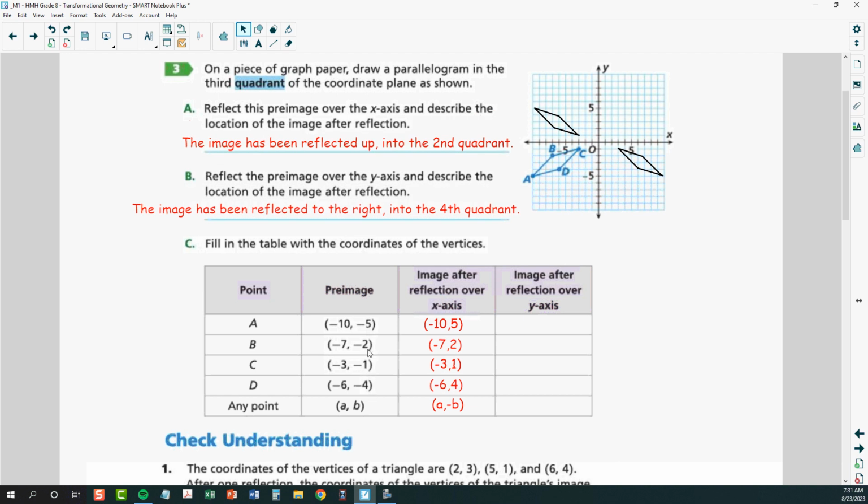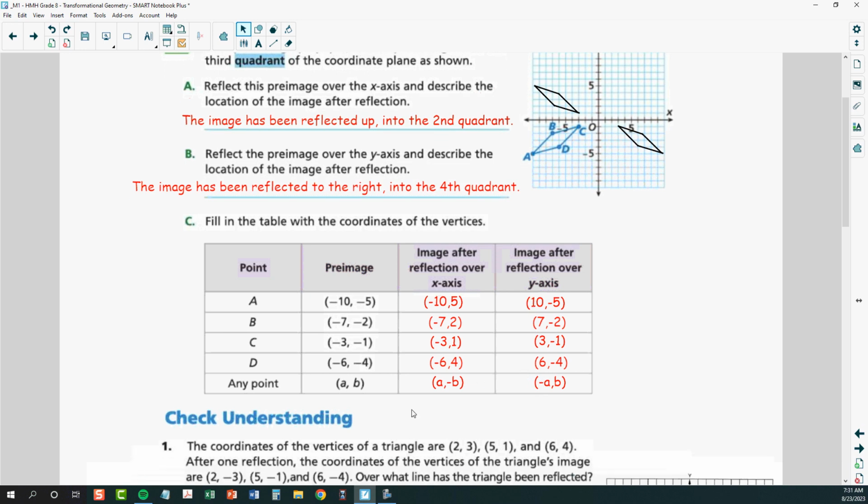They were negative, now they're positive. Okay? Now right here, do the same for y. I will pause. Here we go. Notice that now your X values have changed. They've become the opposite. All right, you'll finish your understanding, check for understanding.